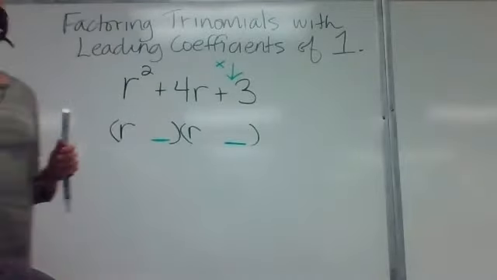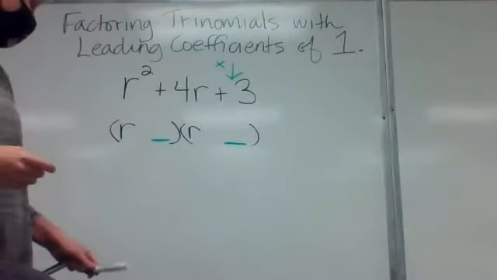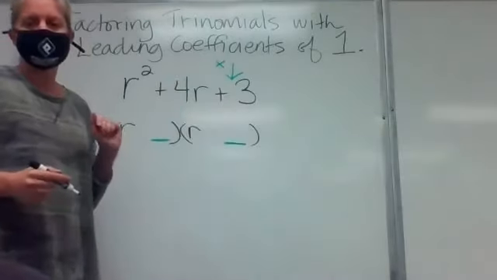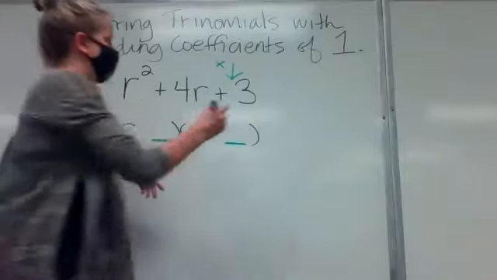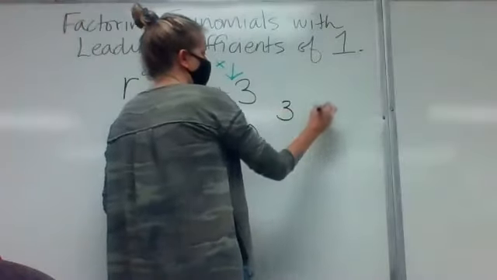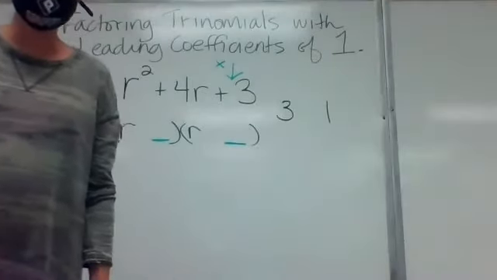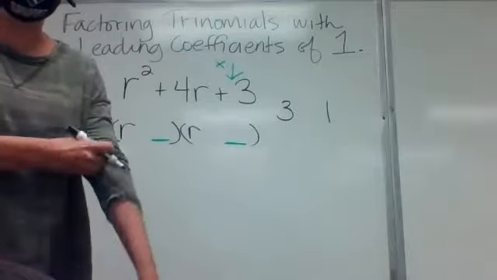So let's go ahead and make a list of all the numbers that will do that. And we are lucky on this one because it's just a 3. The numbers that multiply to give me 3 are 3 and 1. So that's the extent of that list.